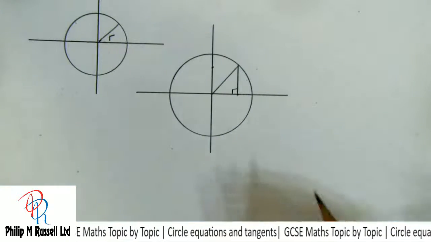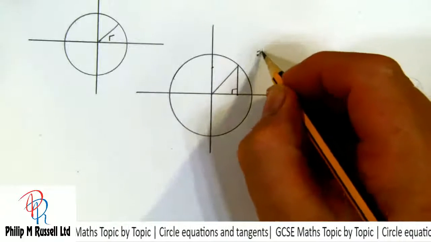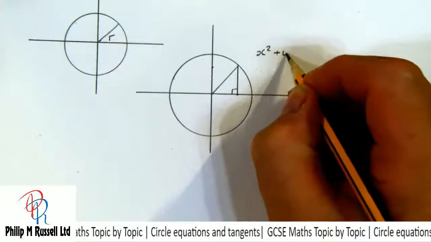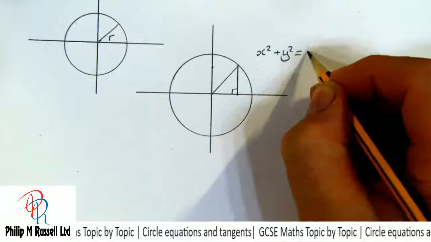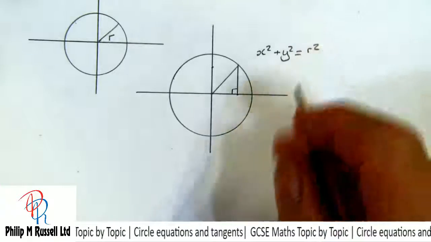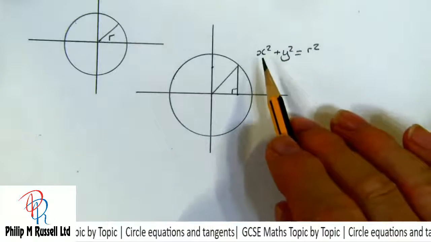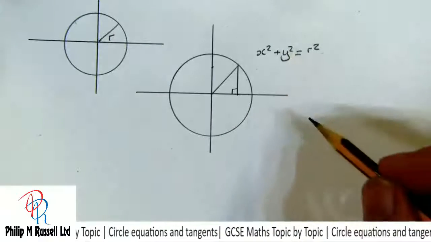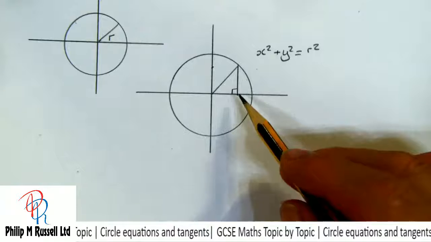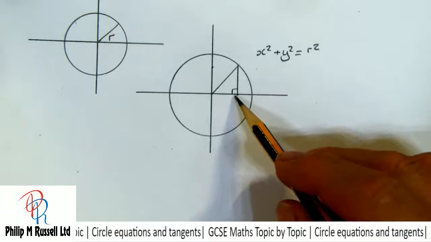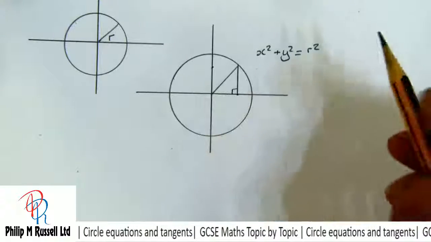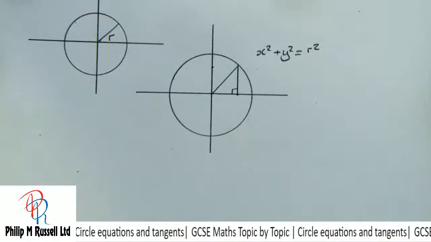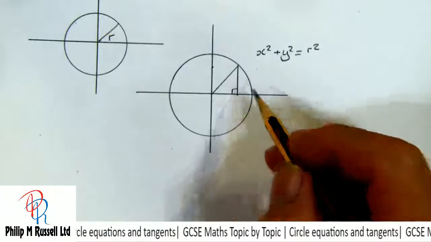The formula for a circle is x squared plus y squared equals r squared. That looks a lot like Pythagoras, and indeed we're looking at a right-angled triangle, and so it is. So let's see what we know.